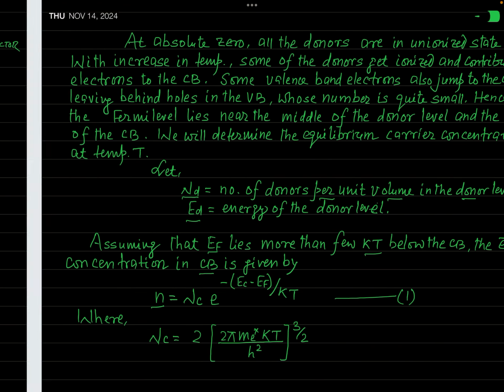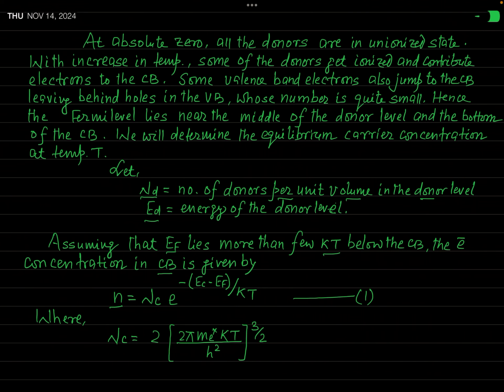So the concentration of electrons in the conduction band is given by the formula we learnt earlier: n is given as Nc times exponential of minus (Ec minus Ef) over kT.